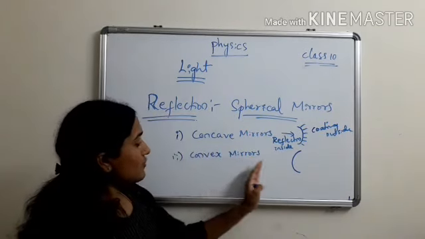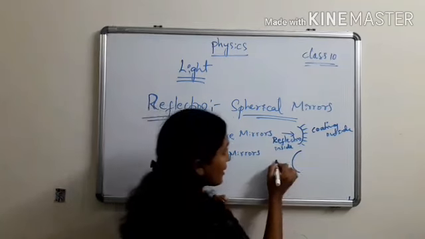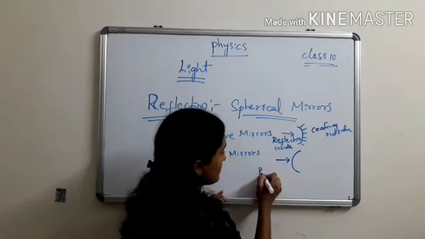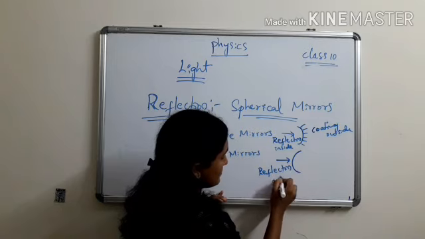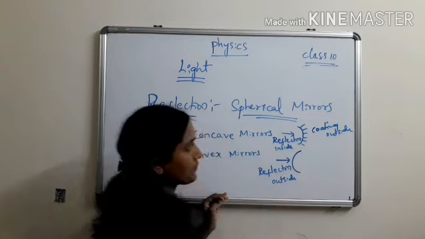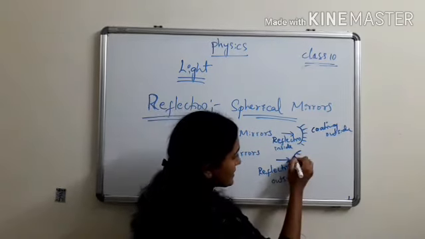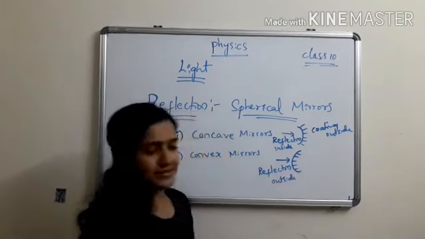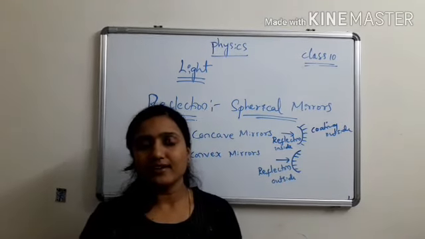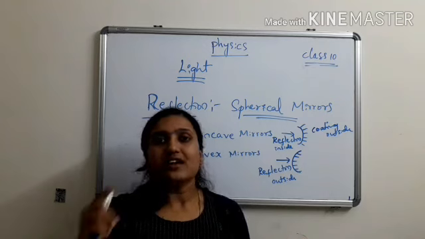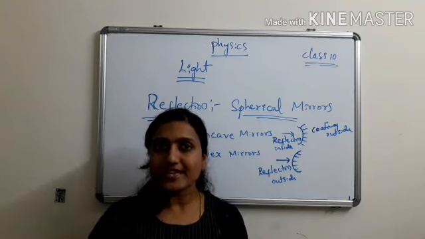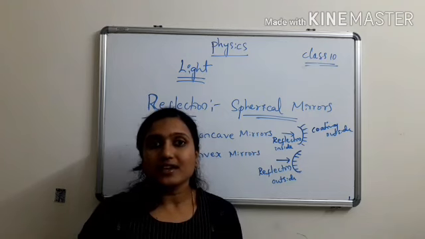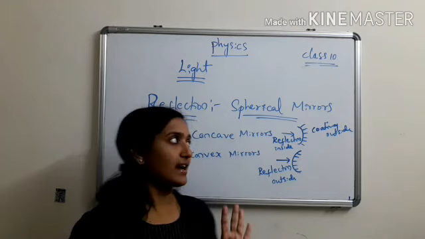In case of a convex mirror, reflection is outside, so the coating will be inside. That's the difference. Don't get confused between concave mirror, convex mirror, concave lens and convex lens. Understand each and every step clearly.